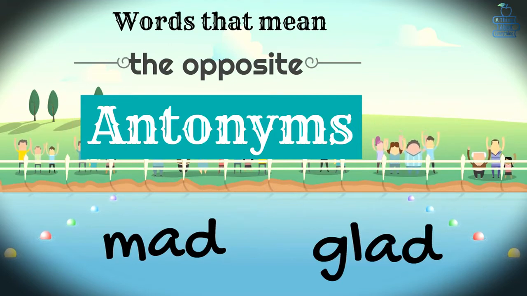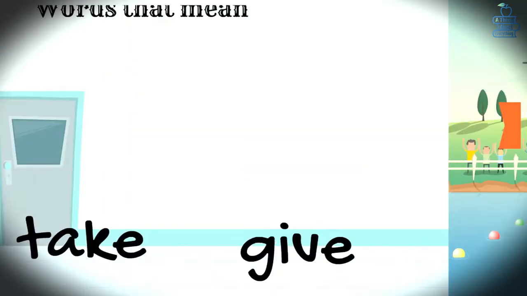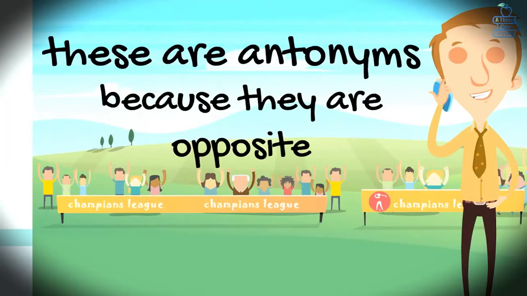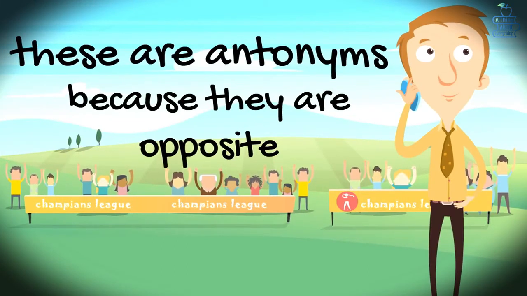Mad and glad are antonyms. What about these antonyms? Take and give. Take and give are words that mean the opposite thing. They are antonyms. Take and give are antonyms. These are antonyms because they are opposite.